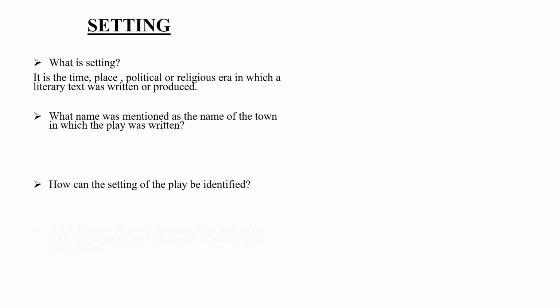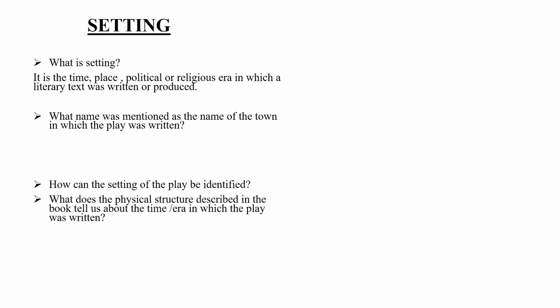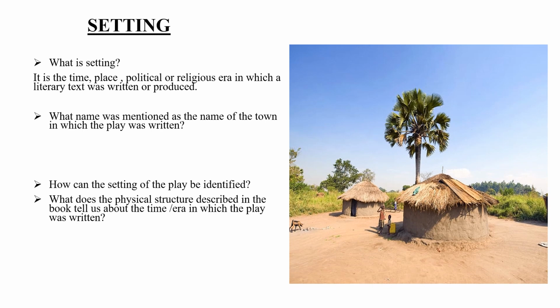What does the physical structure described in the book tell us about the time or era in which the play was written? Now, let's look critically at the picture displayed. Can you compare it to what was described on the first page of the play? Well, obviously, it is similar to what was mentioned in the book because it is made of mud and there is a tree over there.